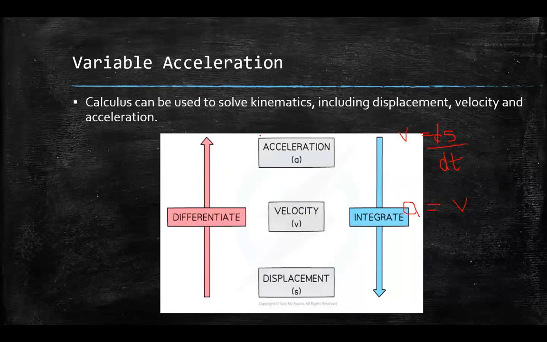Well, differentiate. So acceleration is dv on dt. And it makes sense because our definition of acceleration is the rate of change of velocity. Whenever we see the word rate, we know it's with respect to time. And what quantity are we measuring with respect to time? Velocity. So it's dv on dt.